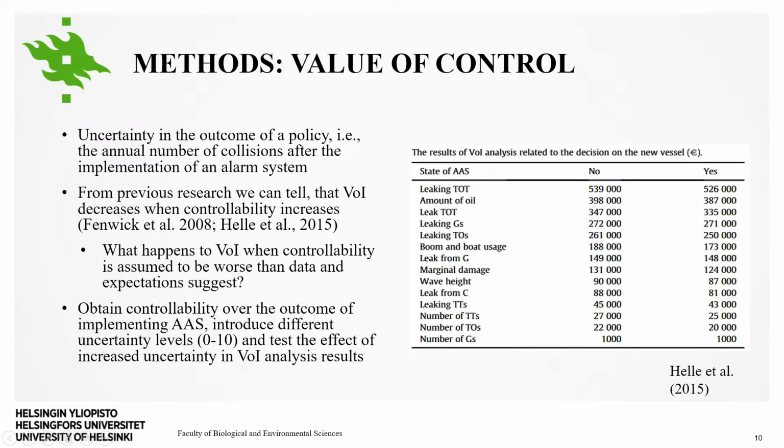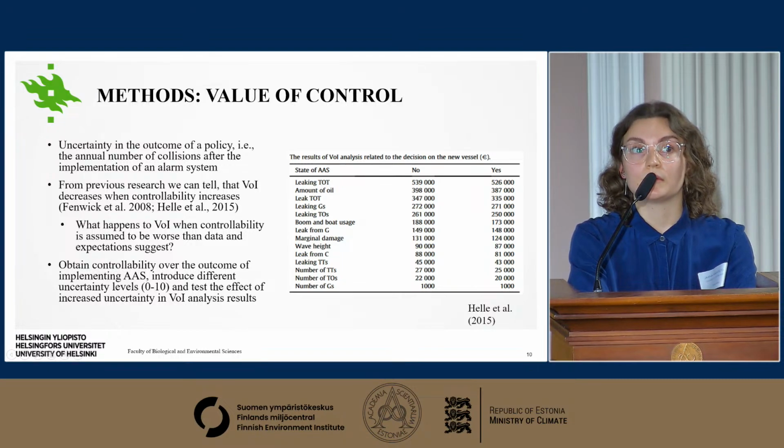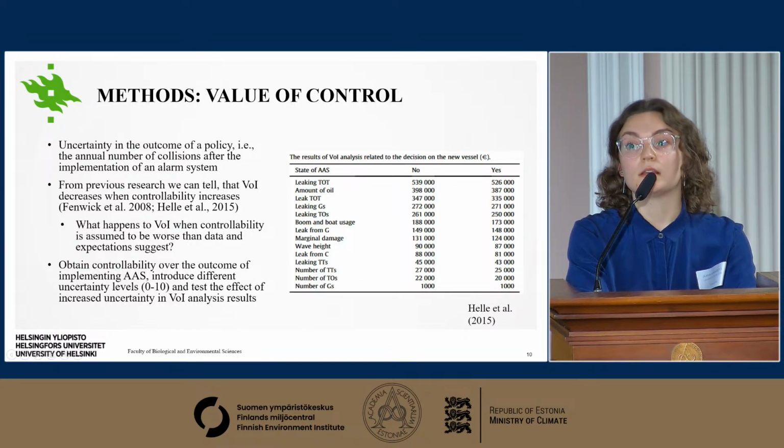And from the previous research, which has explored the possibility of perfect controllability and how that affects the value of information, if we have better control over the outcome that we want, then value of information decreases, because we already have the higher probability to reach the outcome that we want. So I wanted to explore what happens to the value of information when in real life we don't have the controllability that we assumed to have based on previous knowledge.